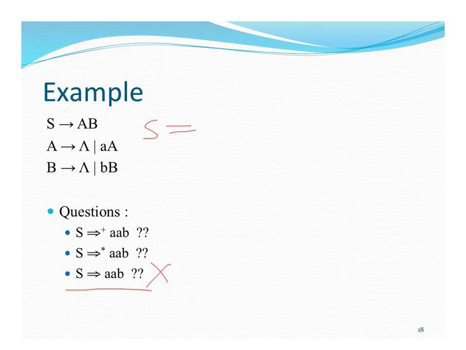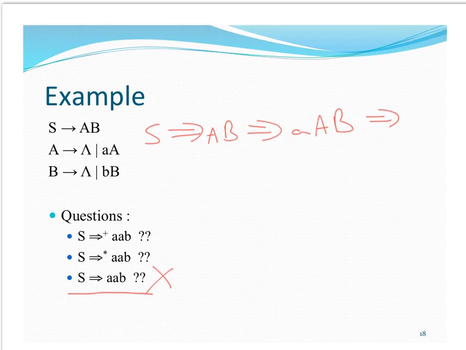S goes in one step to AB. We can replace that capital A with a little a, big A. And we can replace that next capital A with another little a, big A.